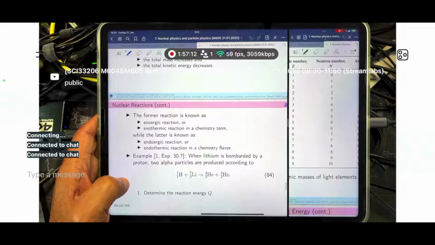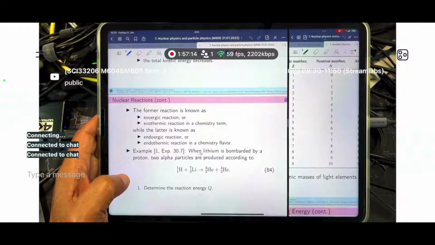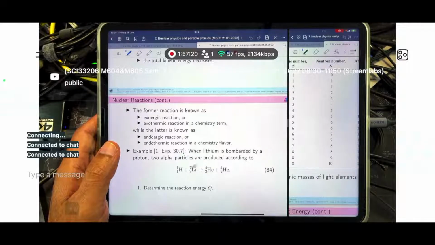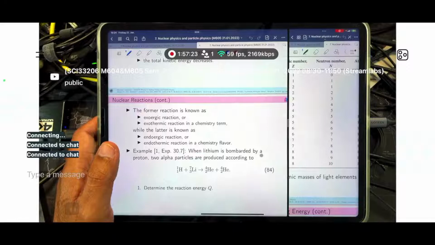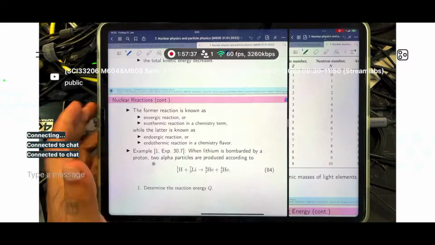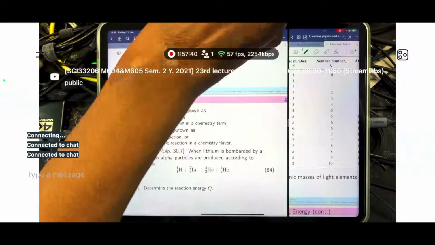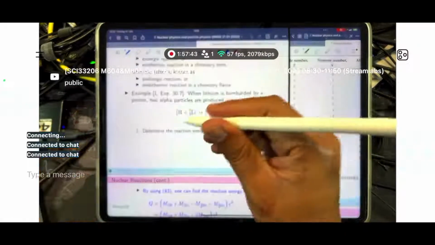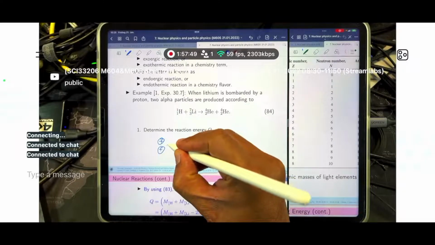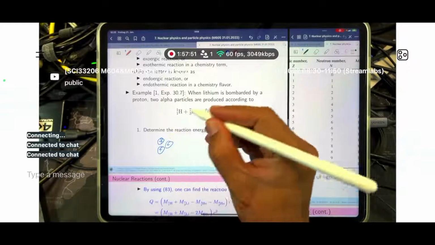The process is the following. One example is lithium. Lithium is hit by a proton, which is the hydrogen nucleus without electron. You just accelerate the proton. Let me write down how it's going. This is lithium, there are 3 protons and 4 neutrons.